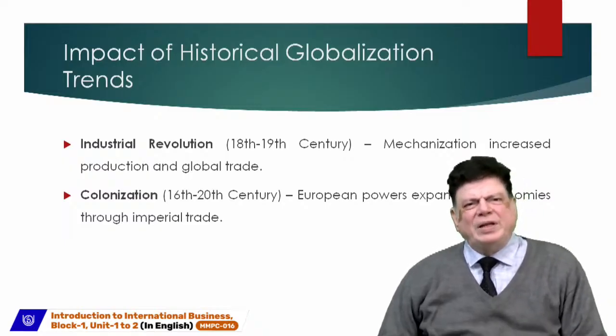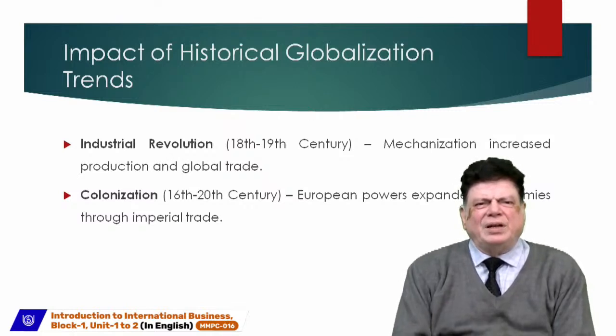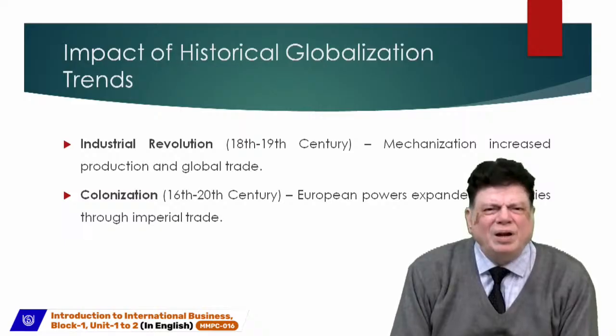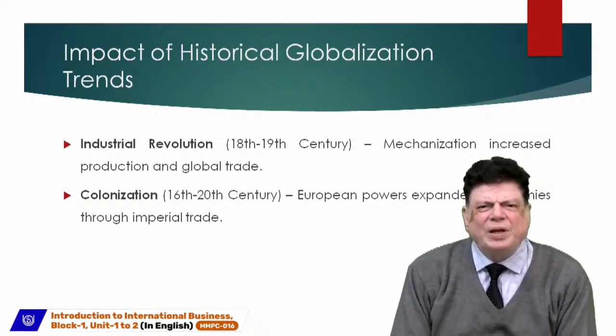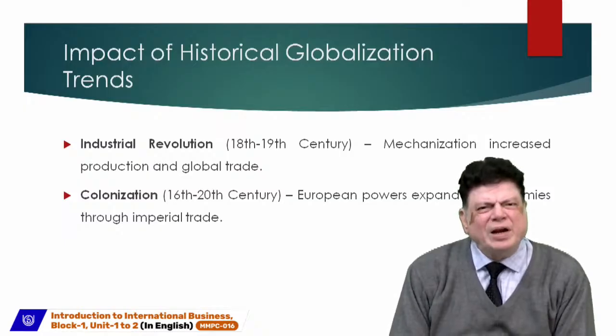So next point is impact of historical globalization trends: Industrial Revolution, 18th to 19th century, mechanization, increased production and global trade. Colonization, 16th to 20th century, European powers expanded economies through imperial trade.